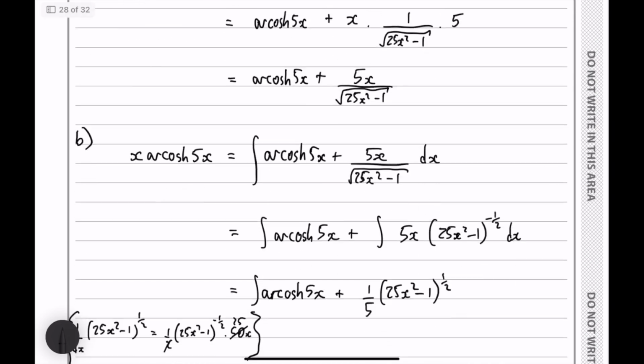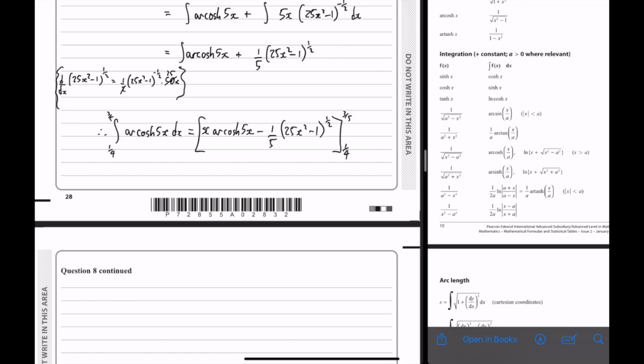But again, that's in the formula booklet. So if you look here in the integration section, arcosh x over a, where in our case a is 1 and the x is 5x, that's equivalent to this expression here. So I'm going to change my arcosh 5x into that.